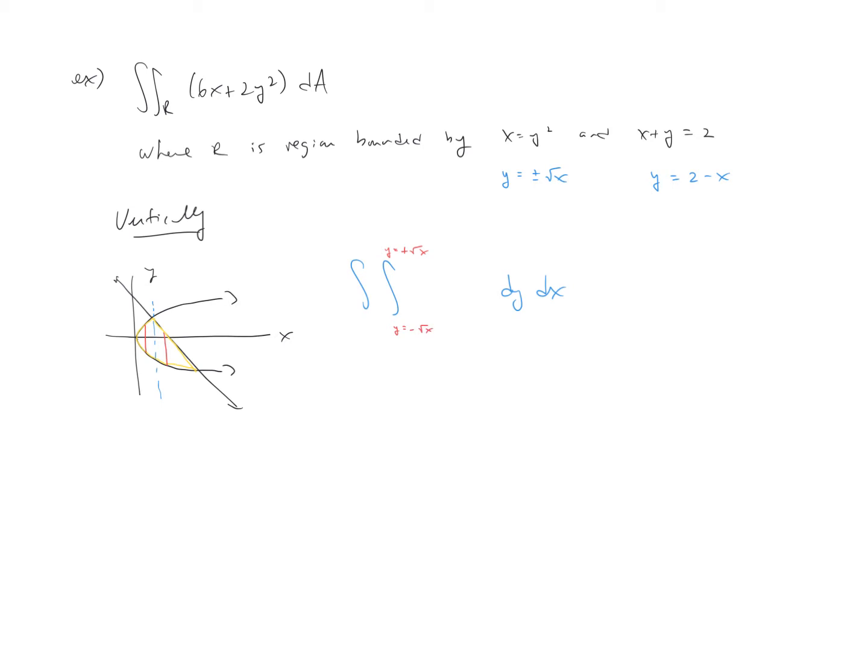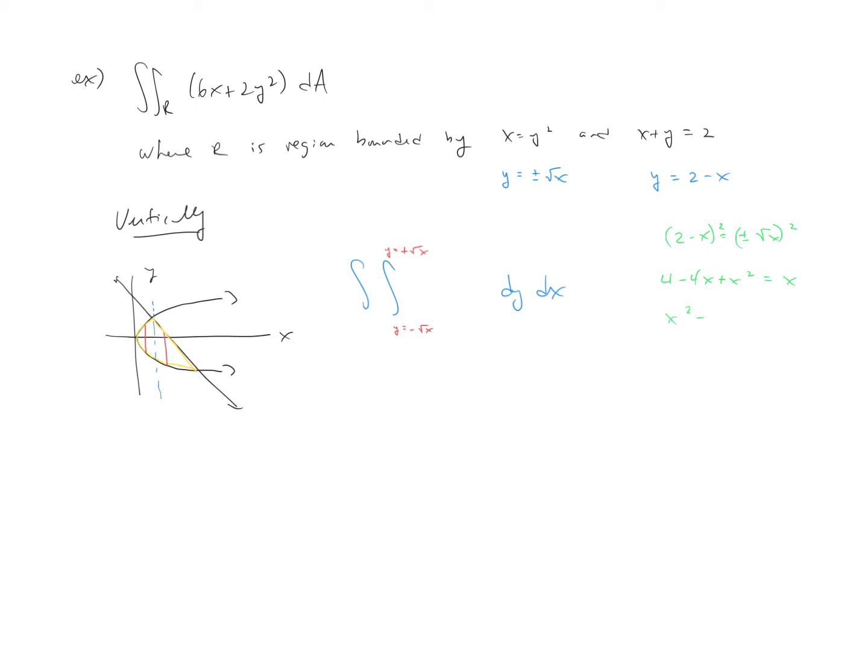Now we just need the actual numbers, which would be the points of intersection. So if I take over here to the side, 2 minus x equals plus or minus root x. It's really not going to matter, the plus or the minus. If I square both of those, you can see how the plus or minus essentially goes away. I've got 4 minus 4x plus x squared equals x.